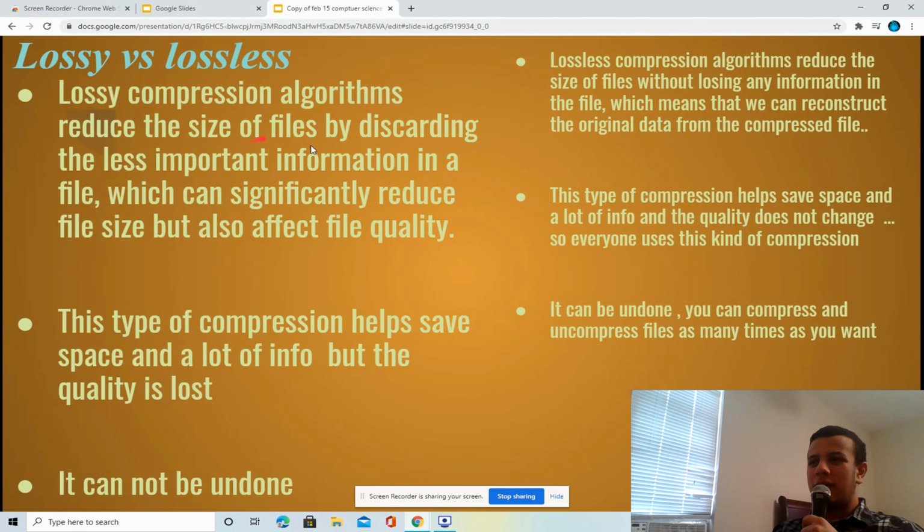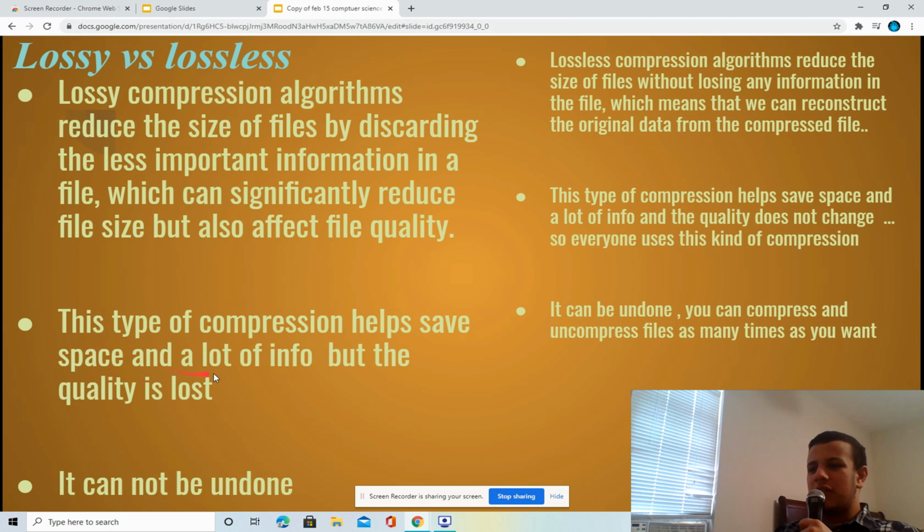Lossy compression algorithms reduce the size of files by discarding the less important information in the file, which is what causes the loss in quality. This is used to significantly reduce the file size, but definitely affects file quality. Remember, lossy, you lose information, so you're going to lose quality as well.